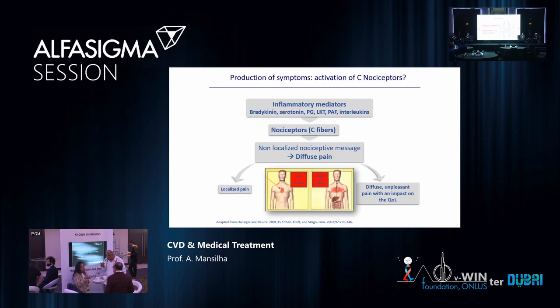And most probably, this release of inflammatory mediators is the responsible for the activation of C fibers nociceptors, and in consequence the production of symptoms. And these symptoms are diffuse and unpleasant with a significant impact on the quality of life.